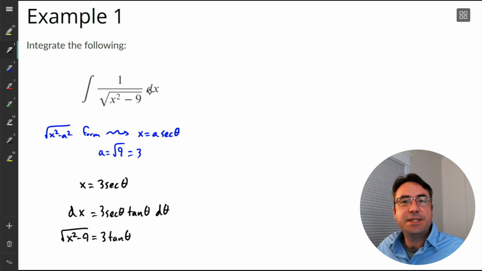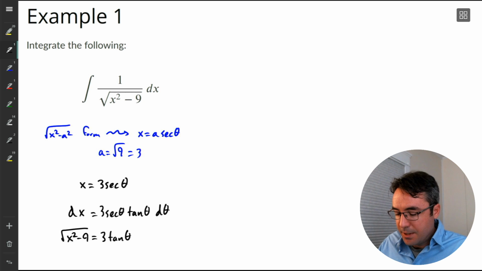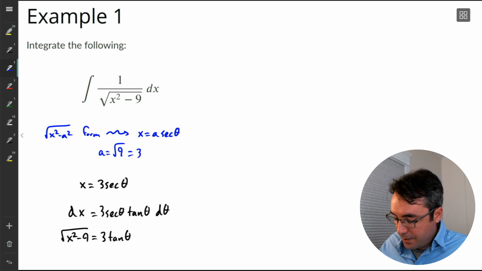So wherever I see a dx, I'm going to plug in what I calculated for dx. Wherever I see that square root, I'm going to plug in what I calculated for that square root. And if I had any extra x terms, well, I'd plug in the 3 secant theta for any x terms.